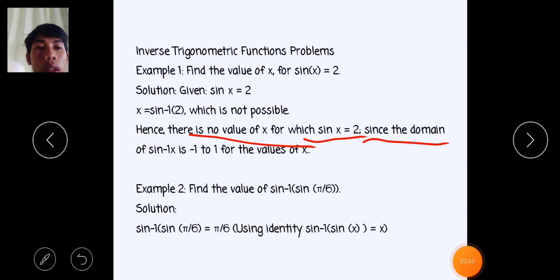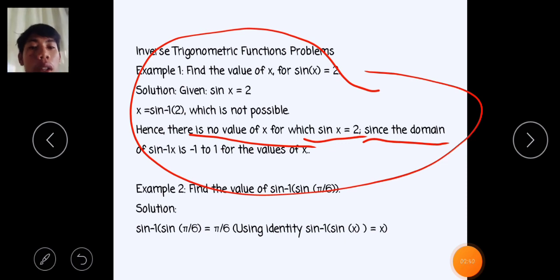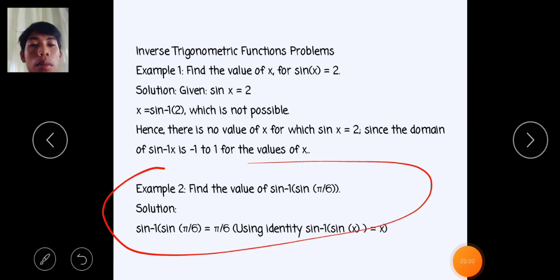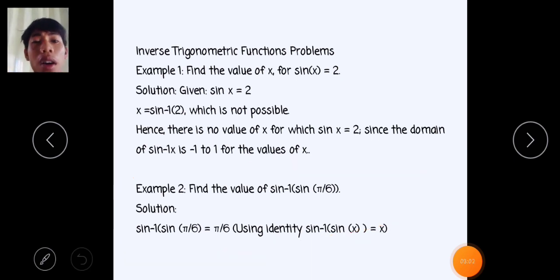So in this problem, the answer is undefined, or cannot be possible. So for number 2, find the value of arc sine of sine of pi over 6.